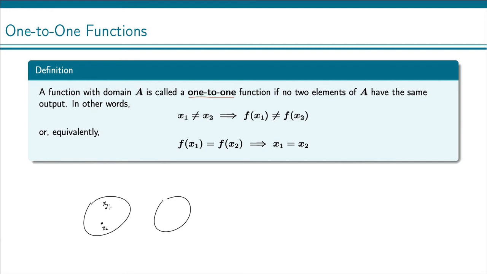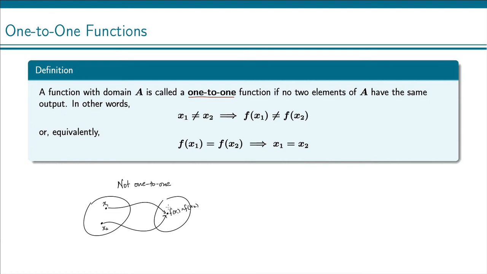If those two things are not equal, because I drew them in different spots, but they go to the same thing, we'll call this thing f of x1, which equals f of x2. This is not one-to-one, because we had two things going to one thing.